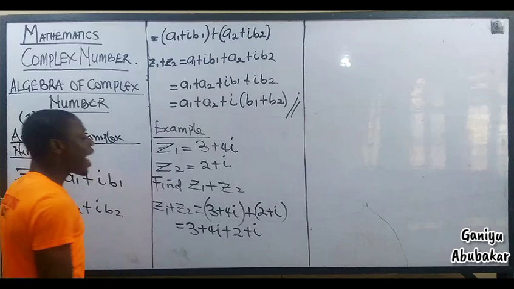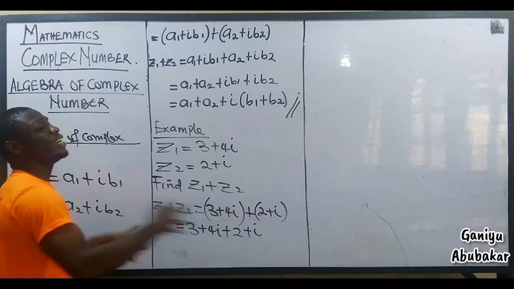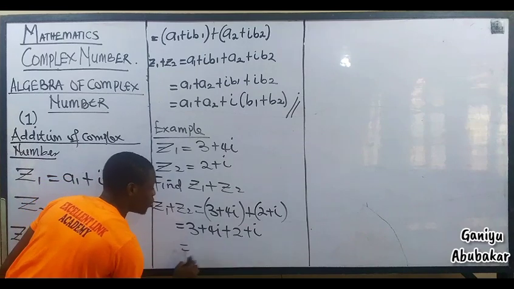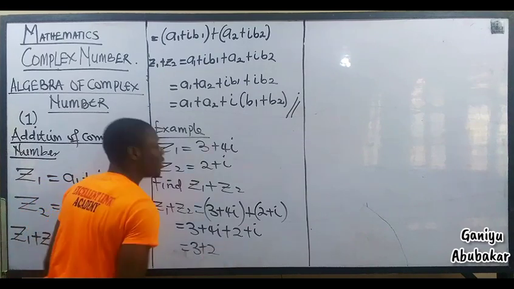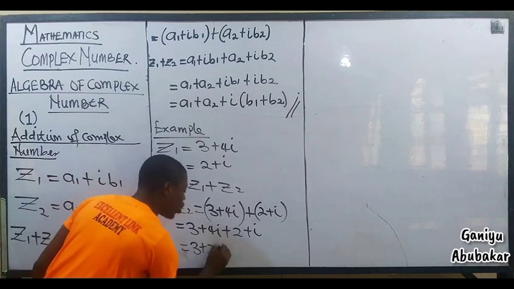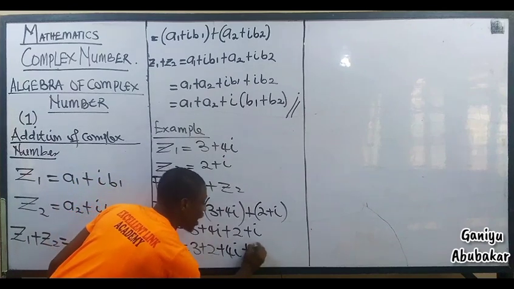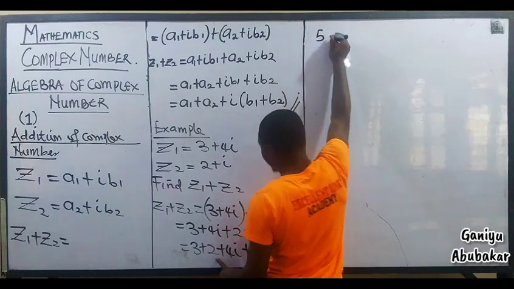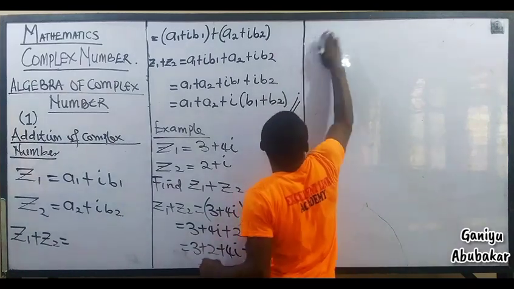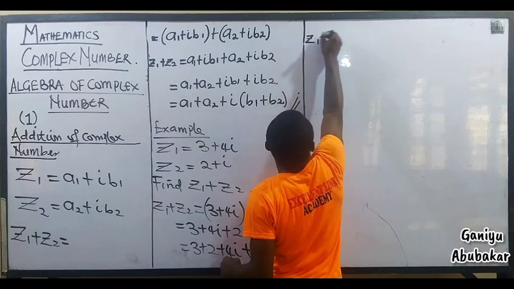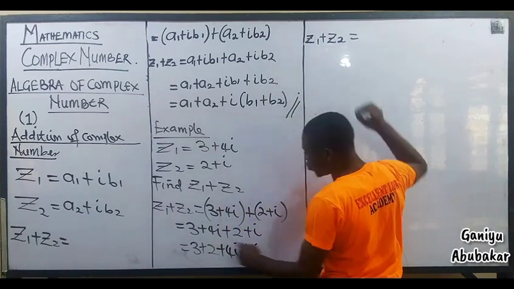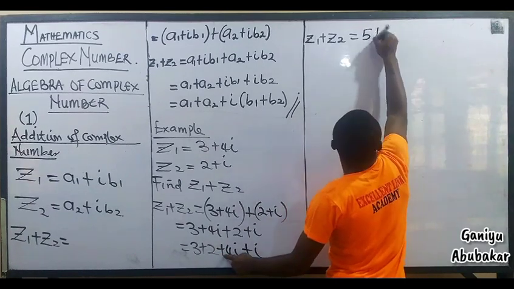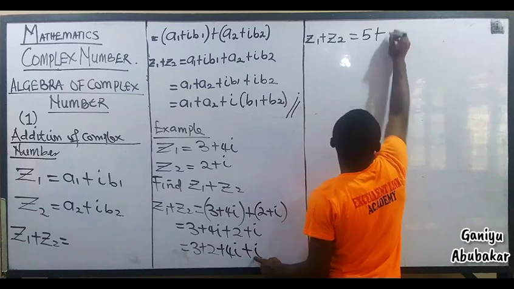We said at this point, add the real parts together. For the real parts, we have 3 and 2, so that becomes 3 plus 2, which is 5. Next, look at the imaginary part: plus 4i plus i becomes 5i.